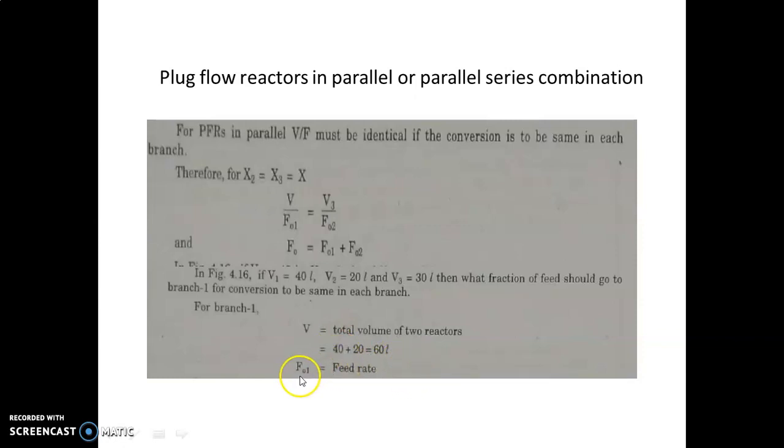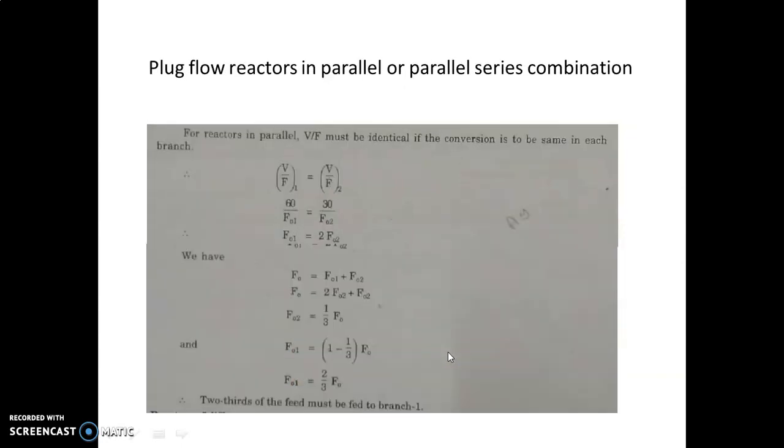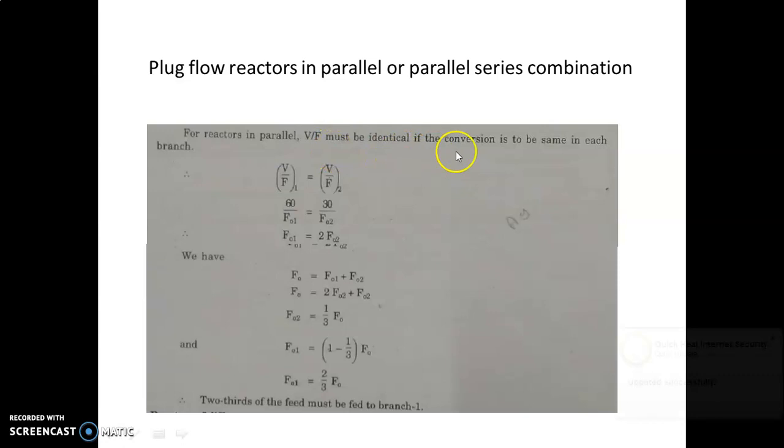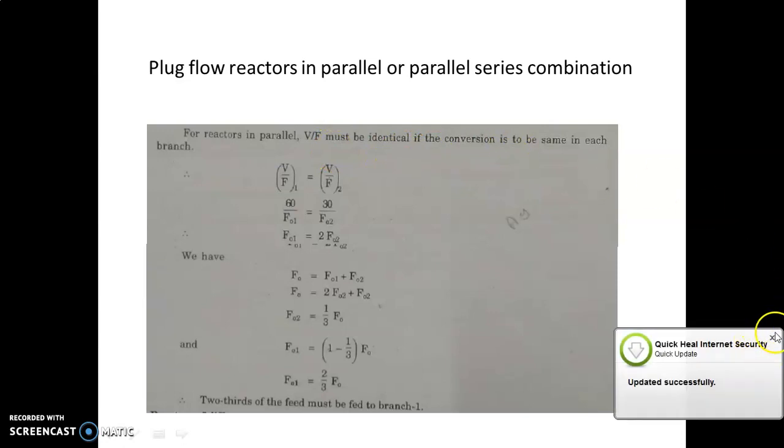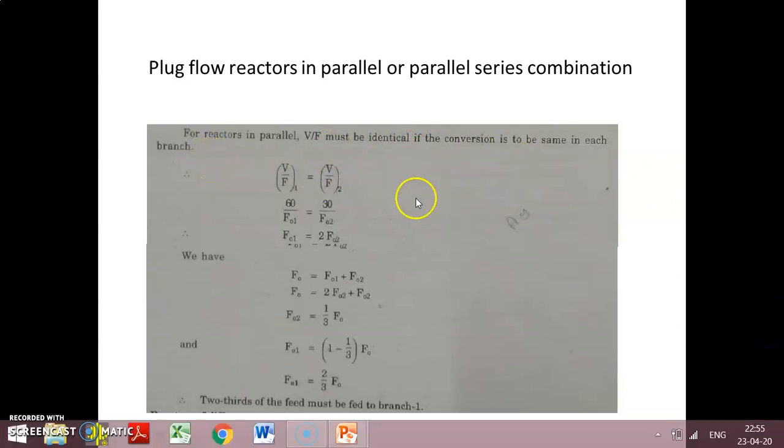And suppose F01 is the feed rate for branch 1. Then for reactors in parallel, that means these reactors are connected in parallel, V by F must be identical, that means the same, if the conversion is to be the same in each branch.